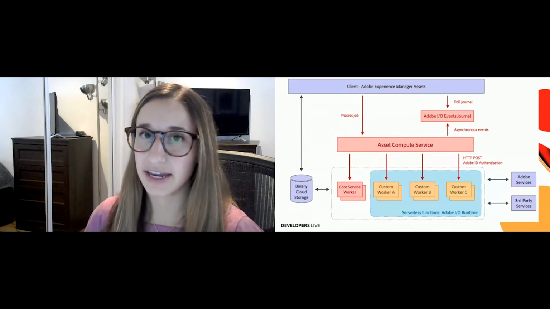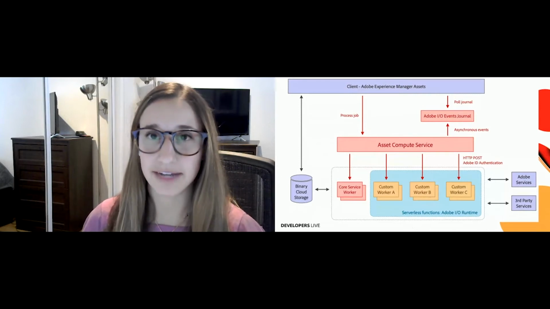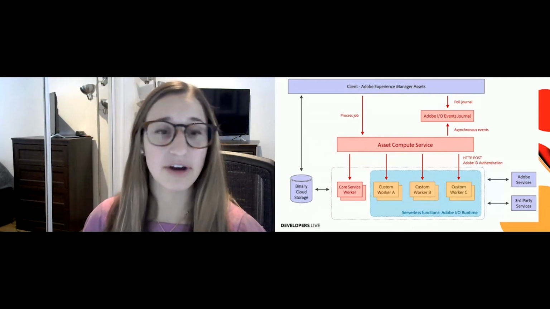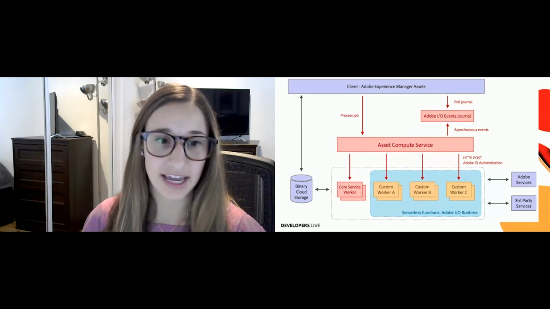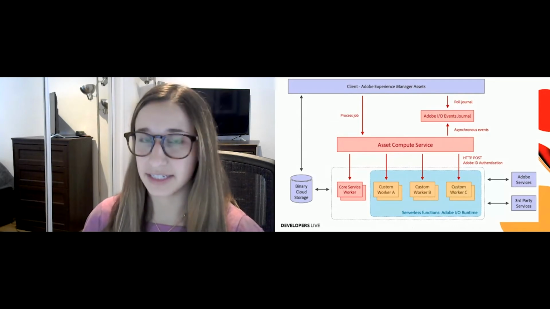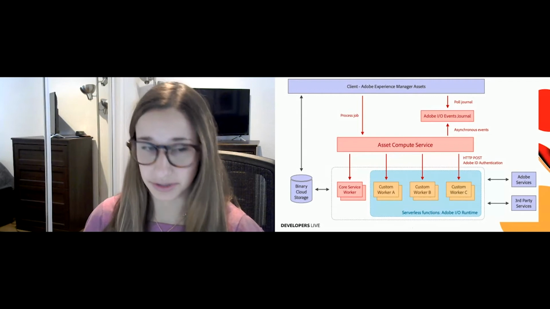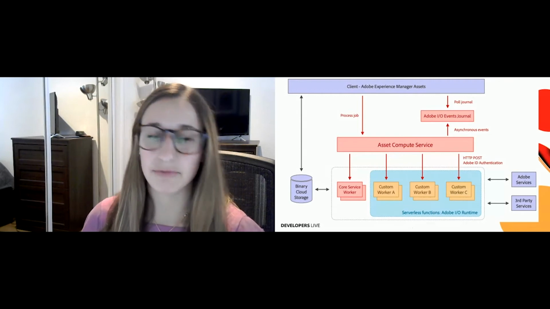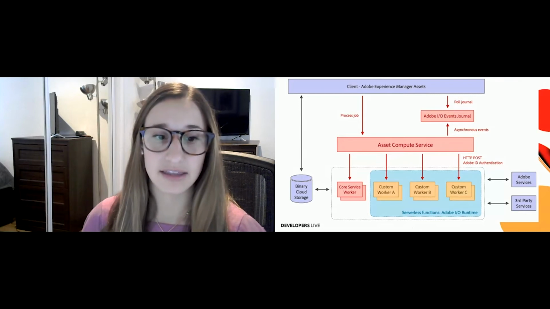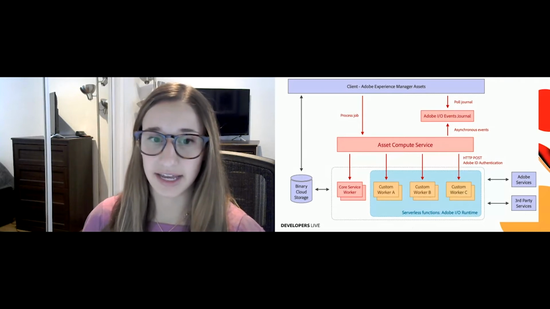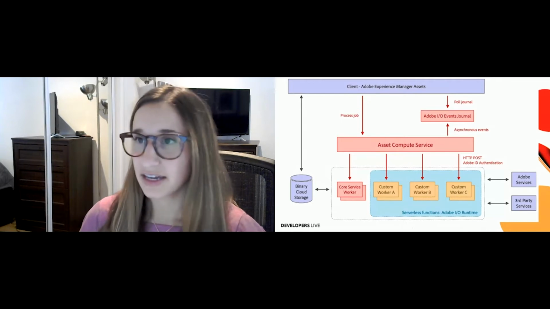Inside the worker, it will take care of downloading the source file directly from cloud storage, processing the rendition, and then uploading the processed rendition to its specified cloud storage location. After the worker finishes processing and uploading the rendition to cloud storage, the Asset Compute service will generate an asynchronous event via the Adobe I/O Events service.